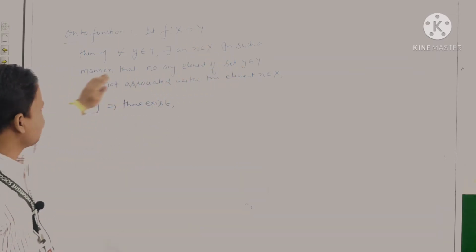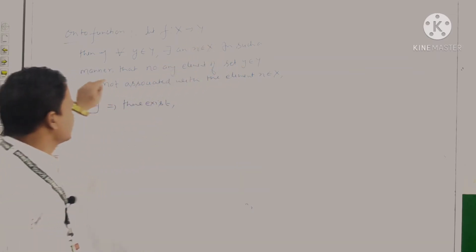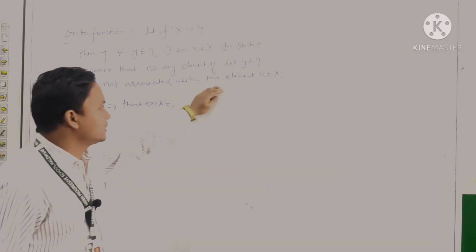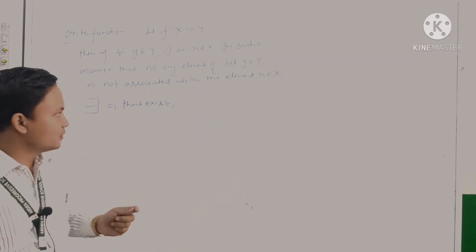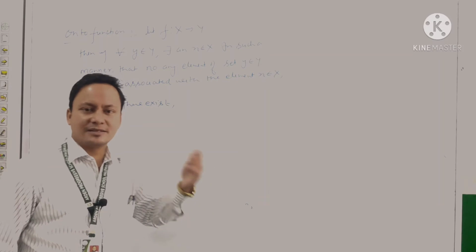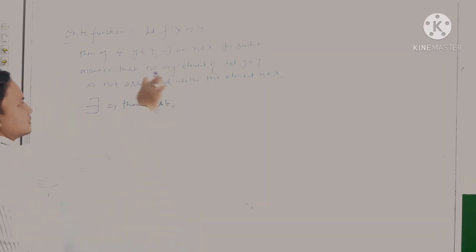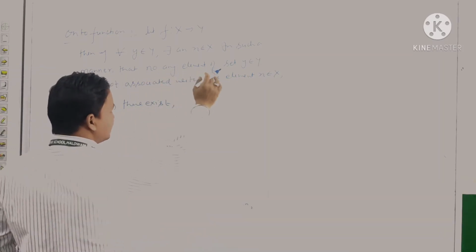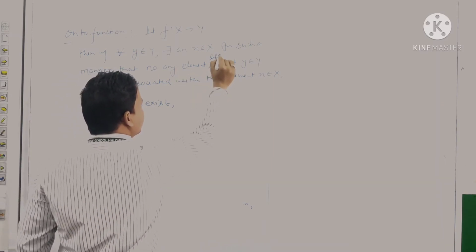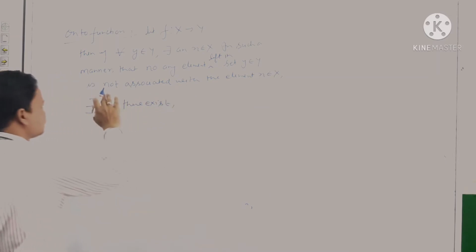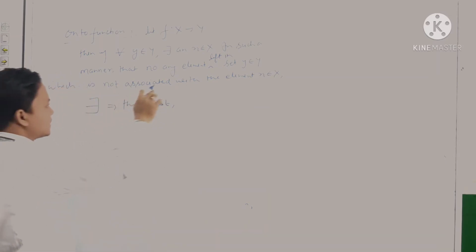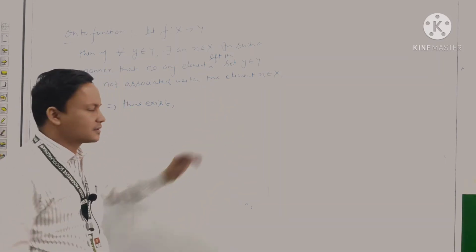So there is no element left in the set y which is not having its pre-image in set x. There is no element left in set y which is not associated with an element x belongs to x.